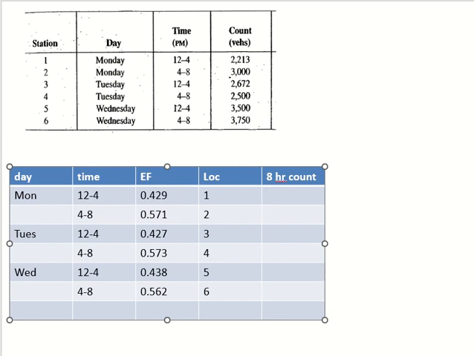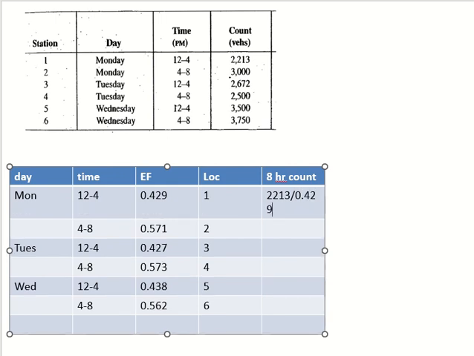Okay, so for location 1, you look at the 4-hour count, it is 2213. Okay, when it is taken Monday, which time? 12 to 4. So what is the expansion factor of Monday 12 to 4? It is 0.429. So this will be divided by 0.429.